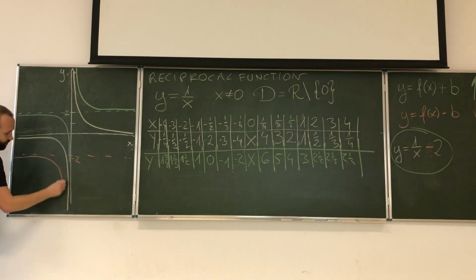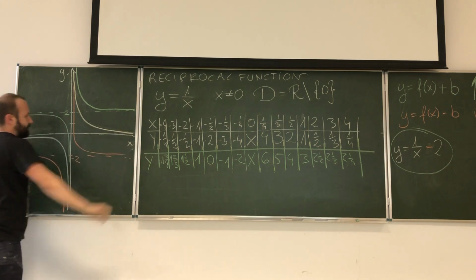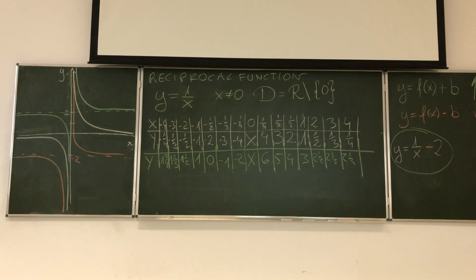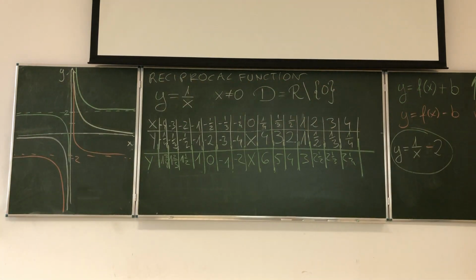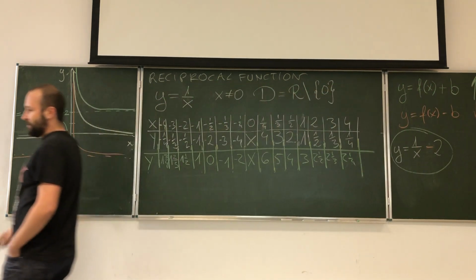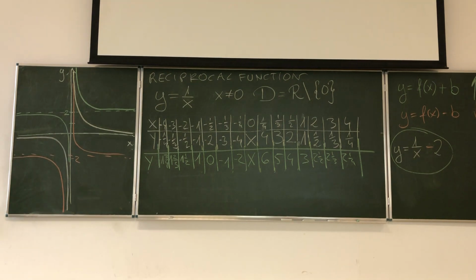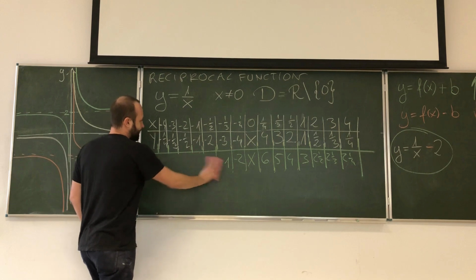I would draw a function like this. Okay, and this gives us the first transformation. What happens if I add a constant number to a function? Okay, I don't think that was that complicated, so let's go to another case.